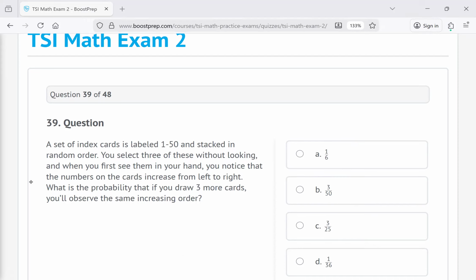Having gone into the heart of the issue, we could do 3 factorial. We have to figure out how many ways we can rearrange three numbers, which is the same thing as 3 factorial, which is really 3 times 2 times 1, that is 6.